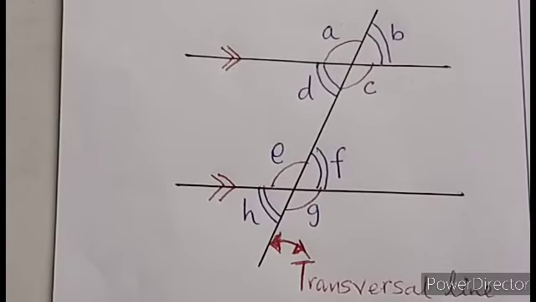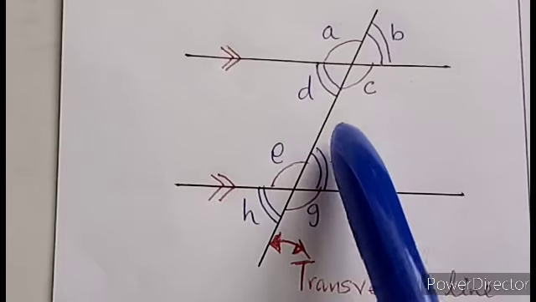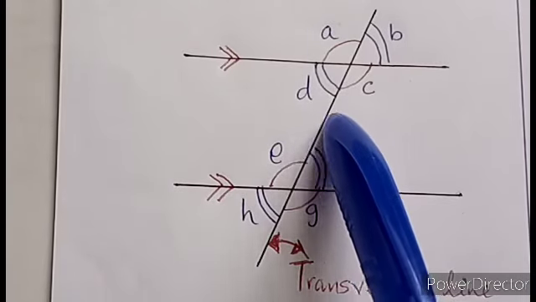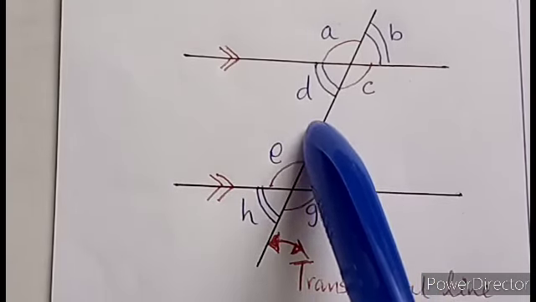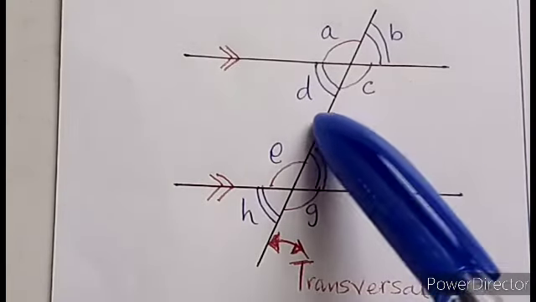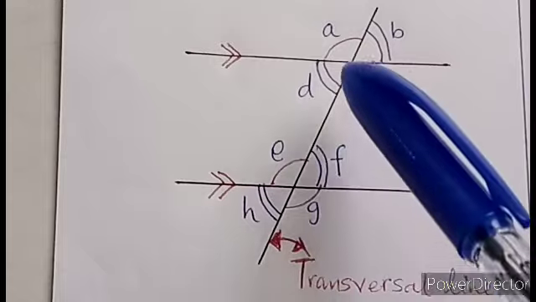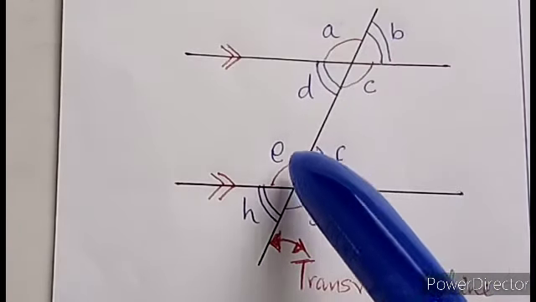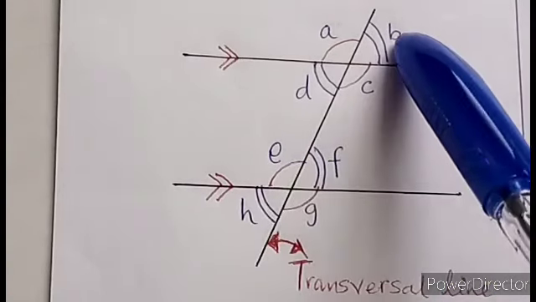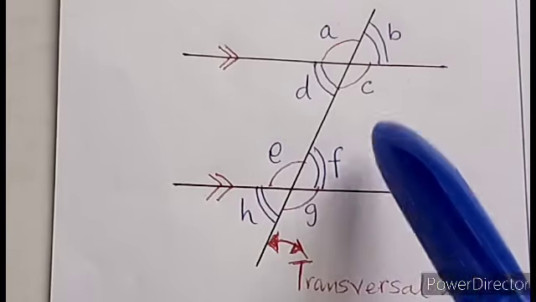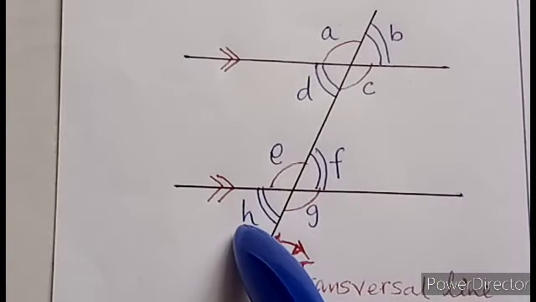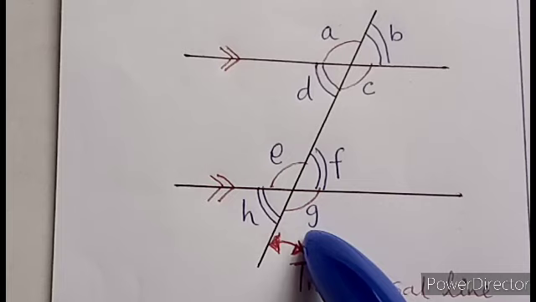Now to corresponding angles. Let's view corresponding angles like this. Imagine that you have a knife to cut this place. If you do, and you take this center and pin it to this center, you discover that angle A and E will be together, B and F will be together, D and H will be together, C and G will be together.